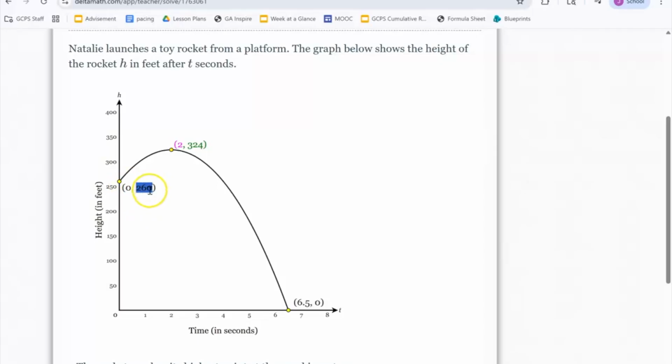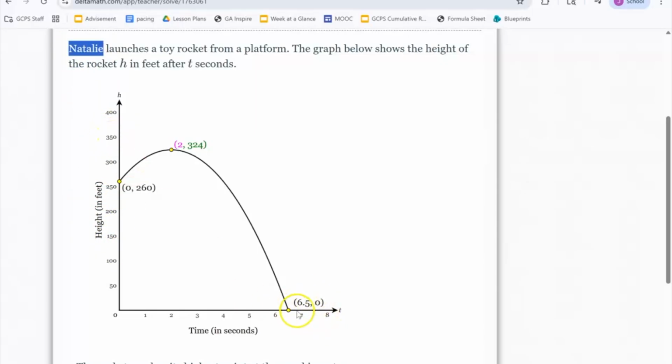Or you could say after no seconds have passed, the rocket is at 260. So remember, whenever we're interpreting, we need to use the numbers as well as what the axes mean. If I was interpreting this number right here, I have 6.5, that's x, so I'm going to say something about time. And then I have 0, that's y, I'm going to say something about height. And then the only last thing I need is what's happening, so Natalie.